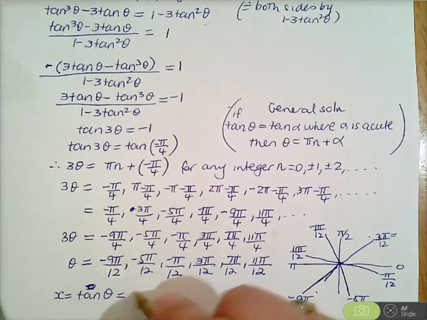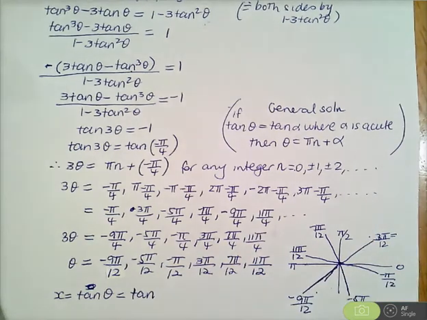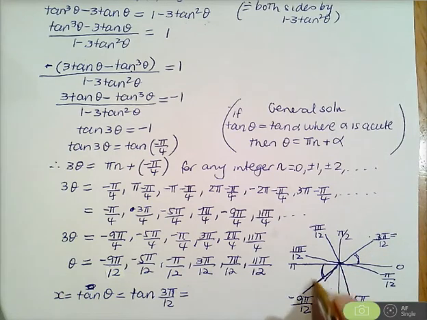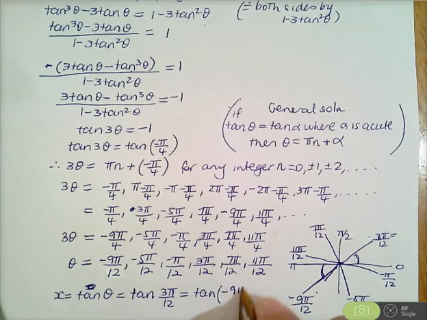Now, tan of 3 pi on 12 is tan of pi on 4, which is actually the same as tan of minus 9 pi on 12.